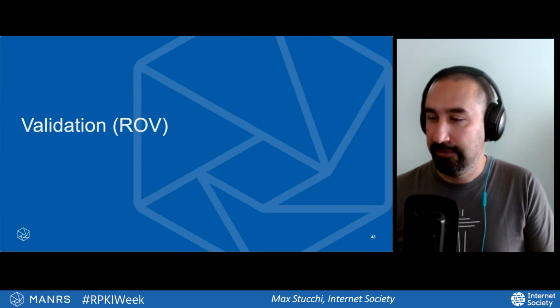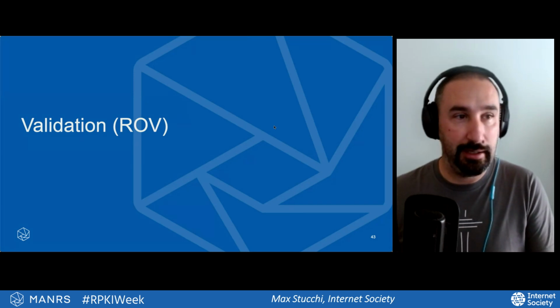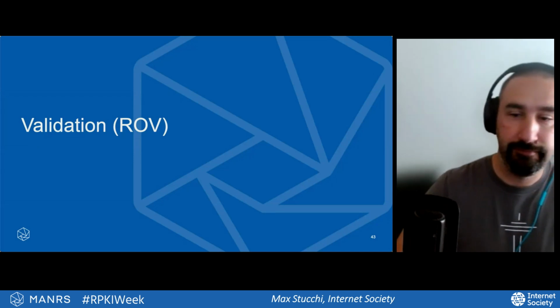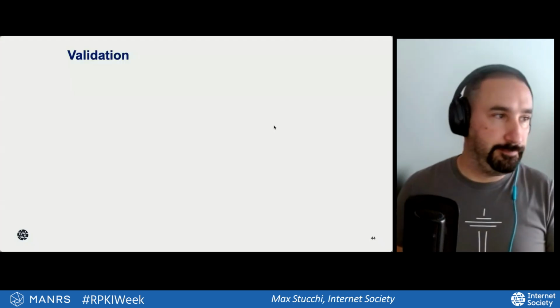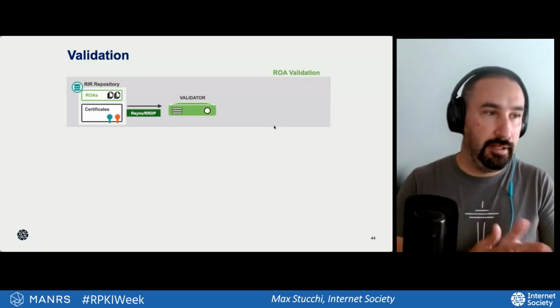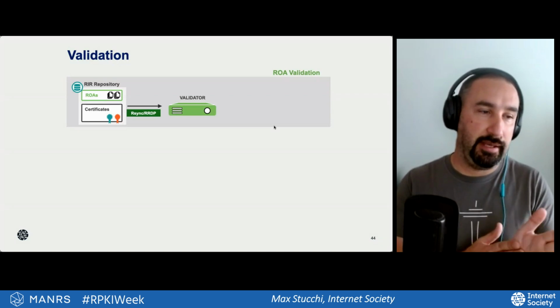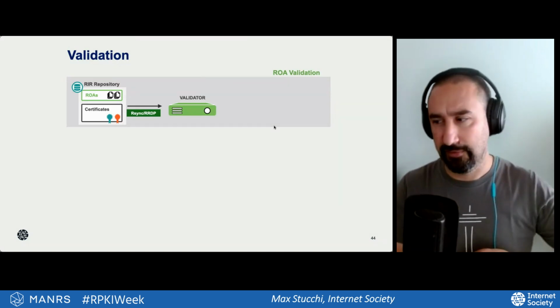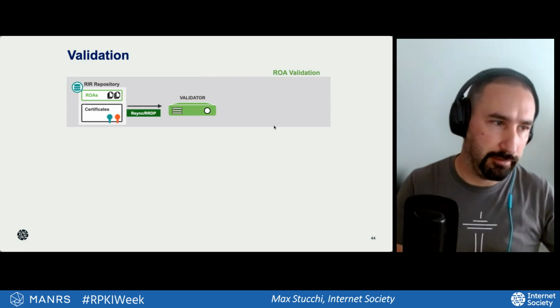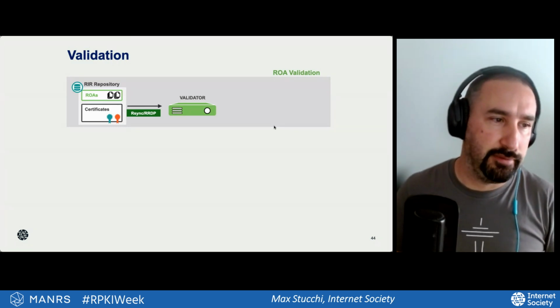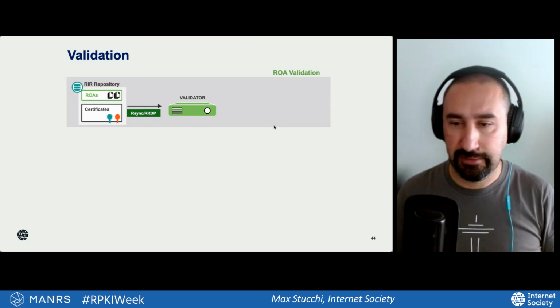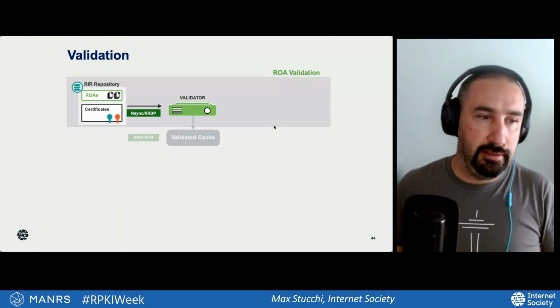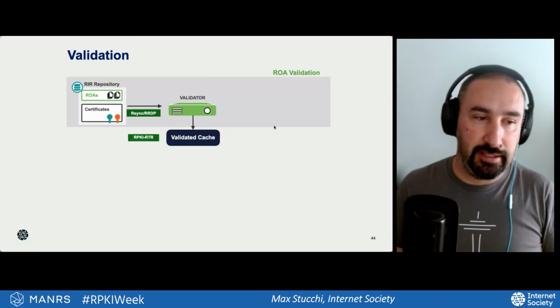We don't seem to have any other questions, so I will go ahead with the validation. Validation runs with a validator, as we've seen, which gets the ROAs, the certificates, so the whole RPKI repository, by using rsync or RRDP. And then the validator creates a validated cache.